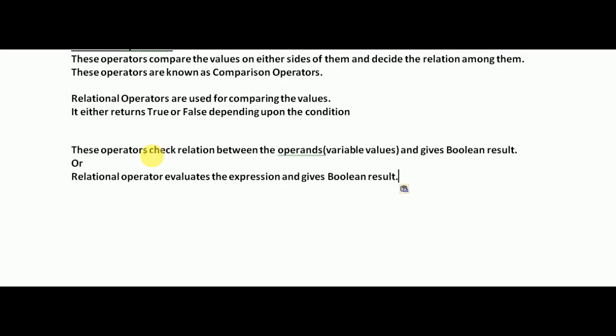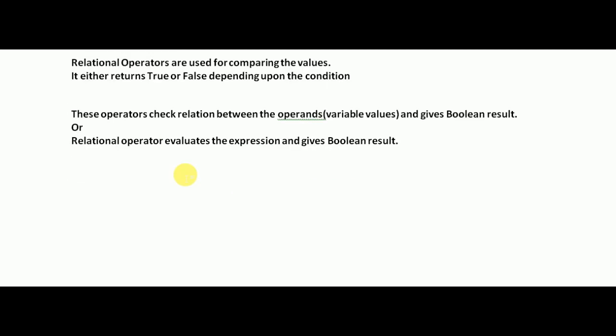These operators check the relation between the operands, that is, variable values, and give Boolean results that may be true or false. A relational operator evaluates the expression and gives Boolean results. For example, we have two variables a and b.